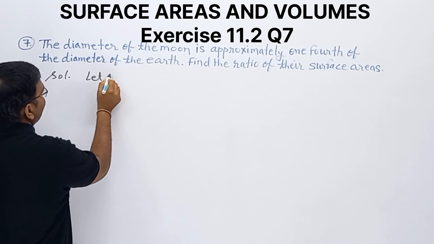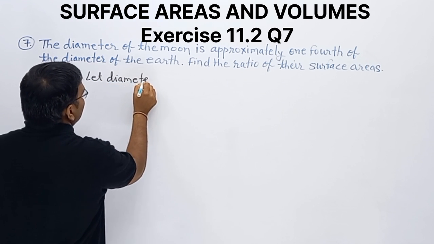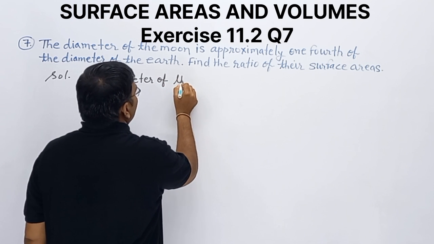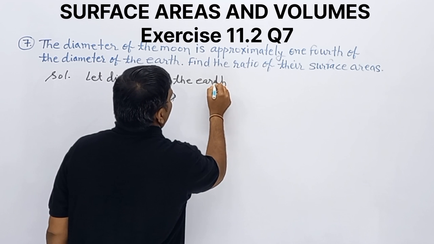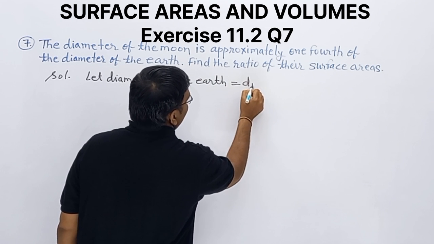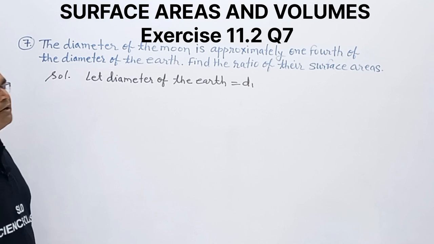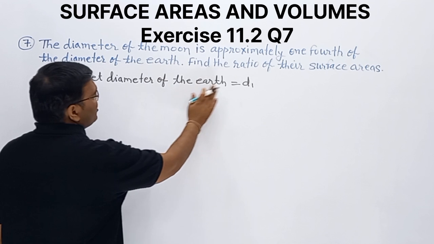Let the diameter of the earth equal d1. We are assuming the diameter of the earth is d1.